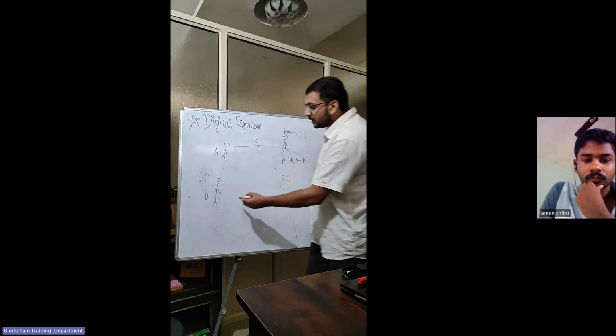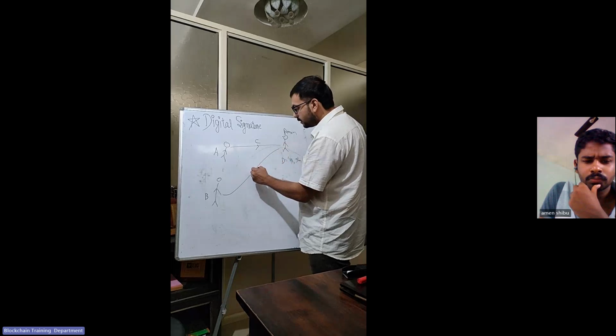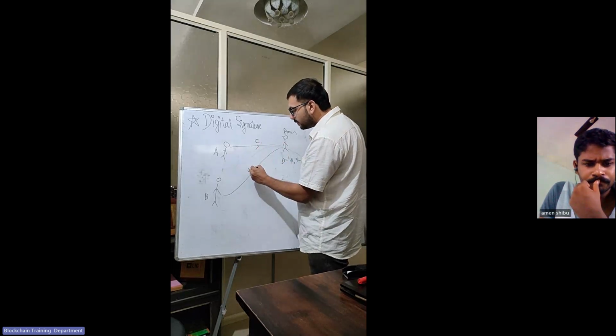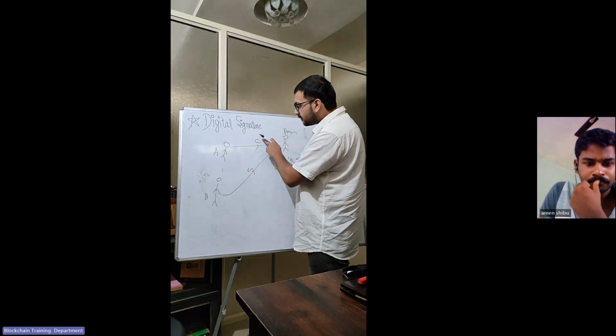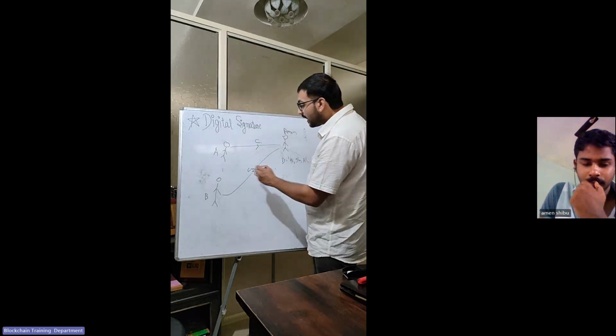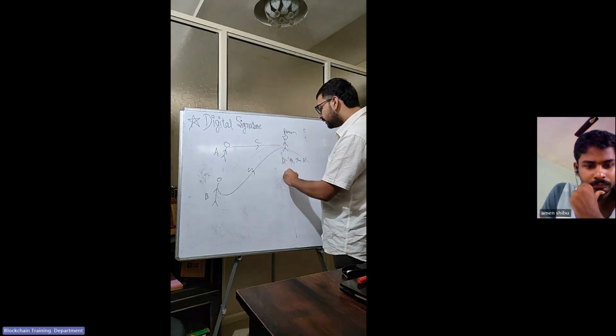But what if B also sends you a message, say C1 and C2, first ciphertext, second ciphertext, and D1 and D2.